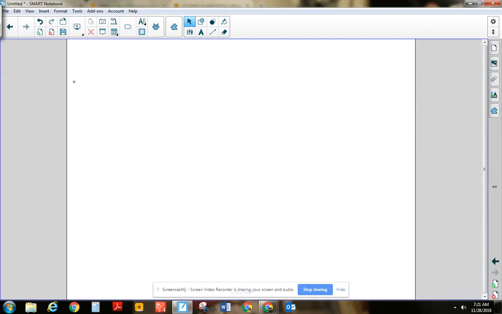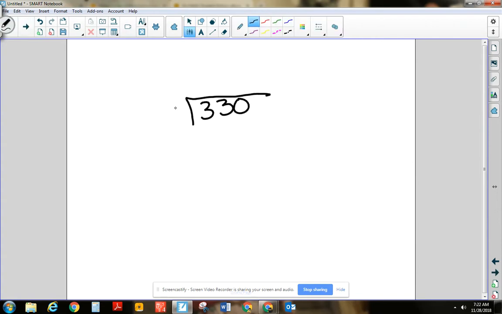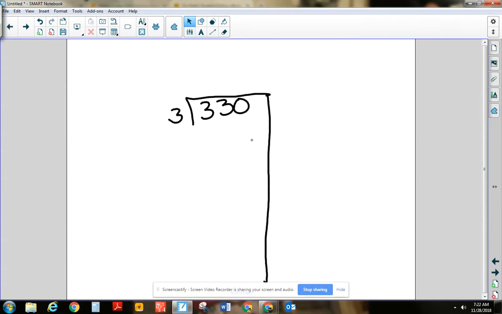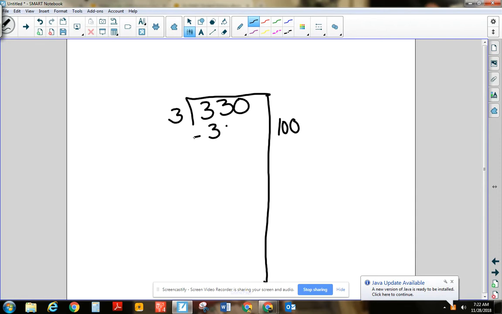All right, let's do 330 divided by 3, and we're going to be using partial quotients. So I extend this line down. It really helps with your neatness. How many 3's fit into 330? Well, I'm going to do 100, because I know that 100 times 3 is 300.